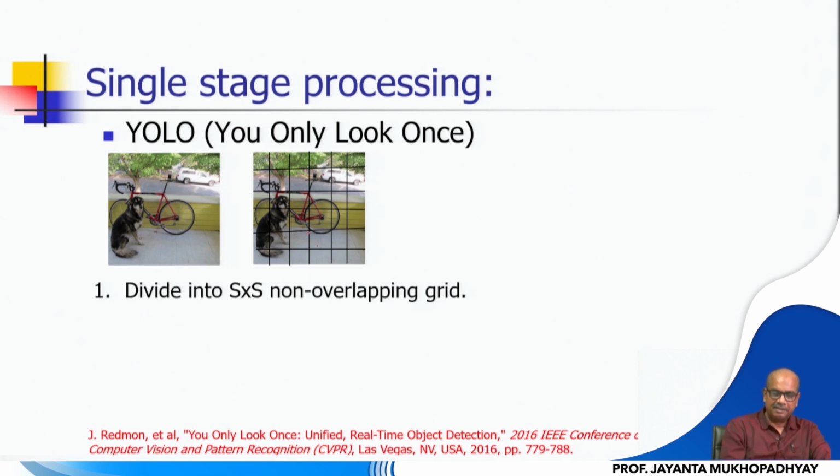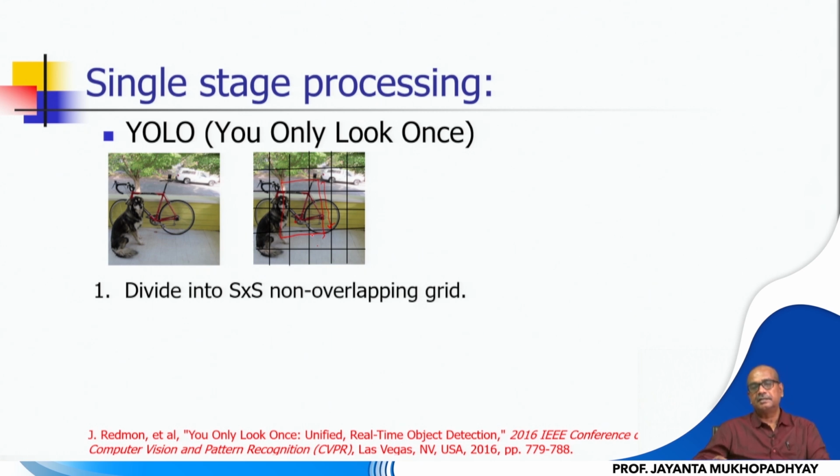Now consider for each box, you predict some bounding box centered around it. That means the position, and you also consider its width and height. So that would give you the center of the bounding box and its width and height. That may be the positions. And you also give a confidence score.